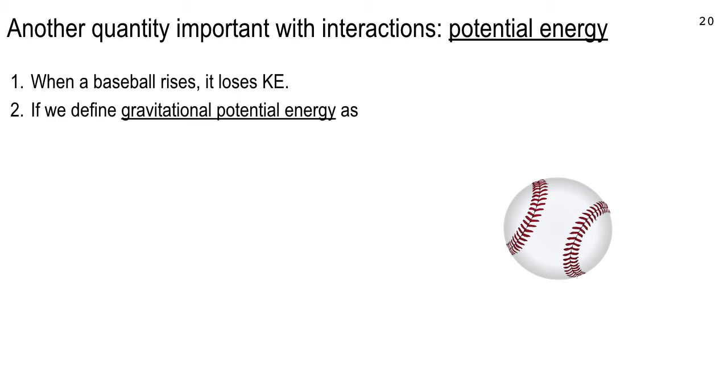And if we define gravitational potential energy in this way as the opposite of F delta x, the change in kinetic energy is F delta x, or minus F delta y if you're in free fall, the weight force being mg.